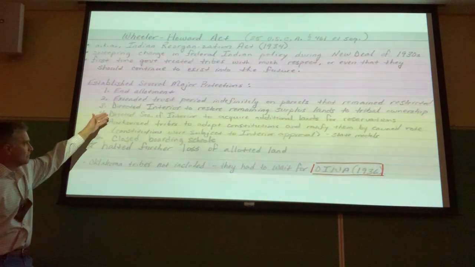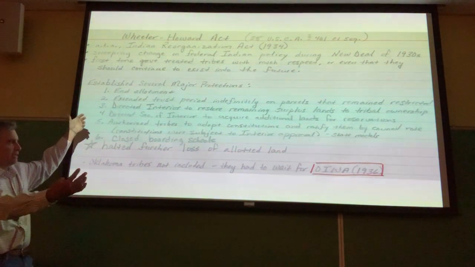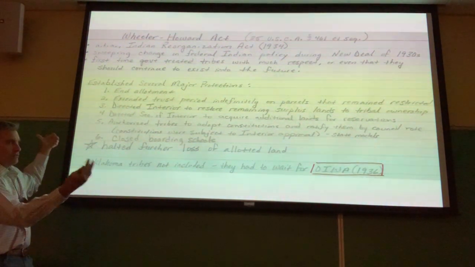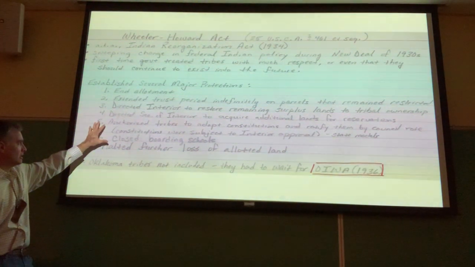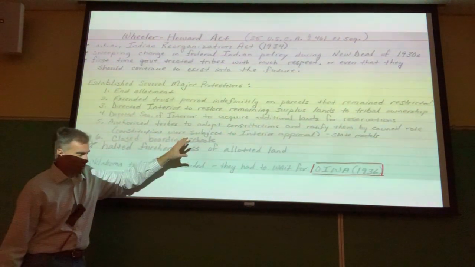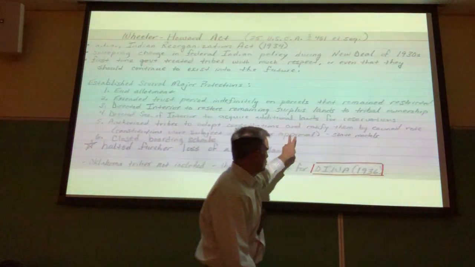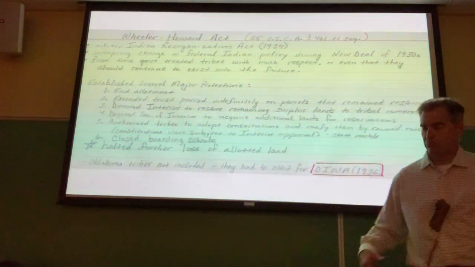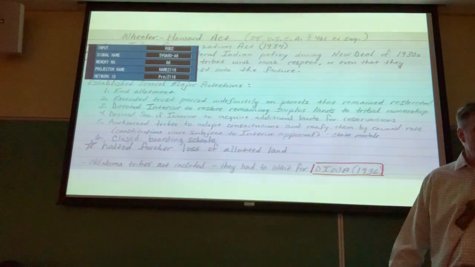And the Secretary of the Interior, for the most part, the federal government took the idea that they could still create new reservations or add on to reservations that were significantly diminished. It also, and this is the big one, number five, authorized tribes to adopt constitutions and a process by which they could ratify constitutions. And remember what we said about that process?